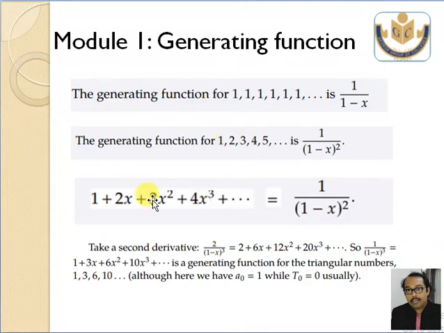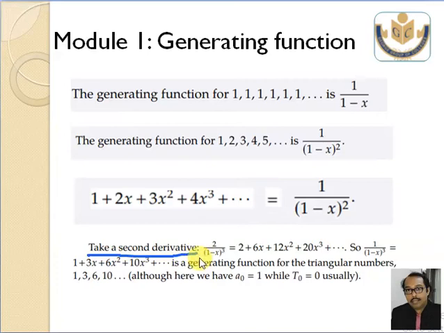Okay, this is known to you. Today I prove this one, 1, 2, 3, 4, 5, and it is nothing but multiplied by 2. We solve this kind of problem where it is cube. This is the important, interesting thing. This is cube, which means you have to do the second derivative.